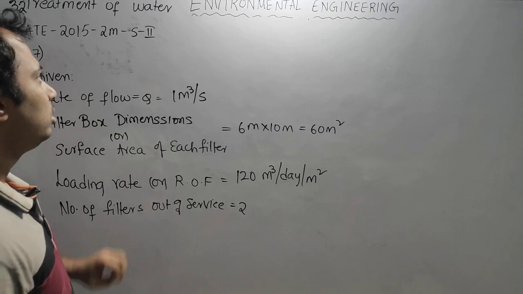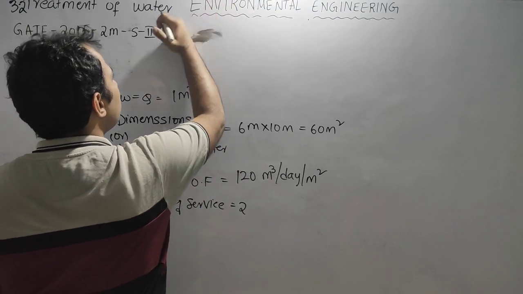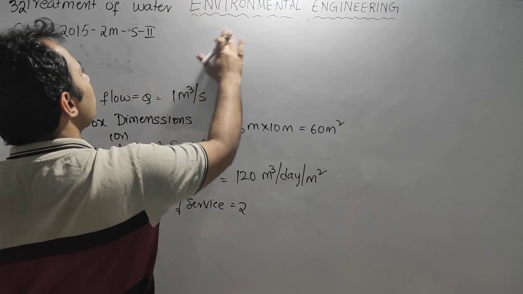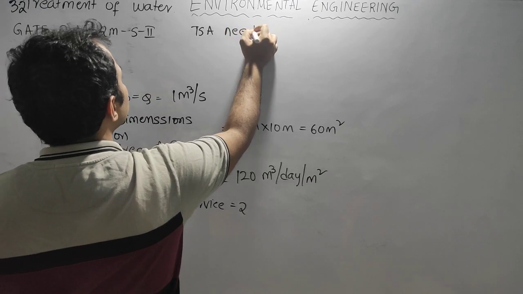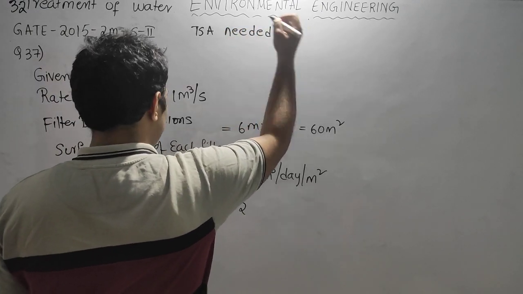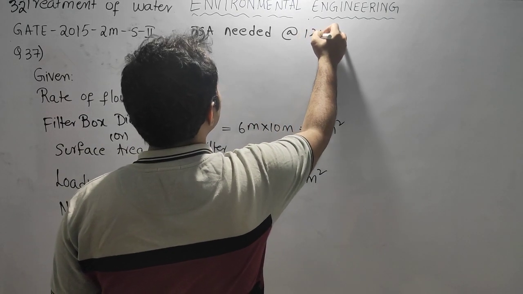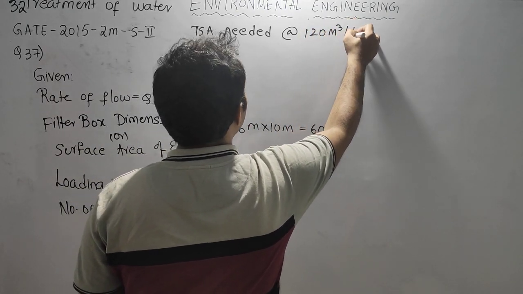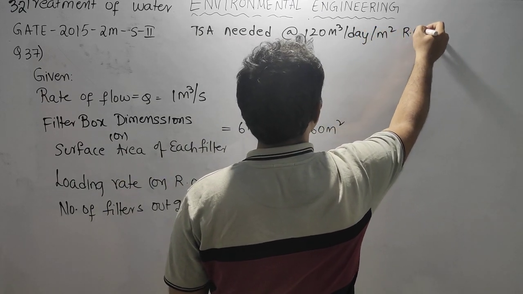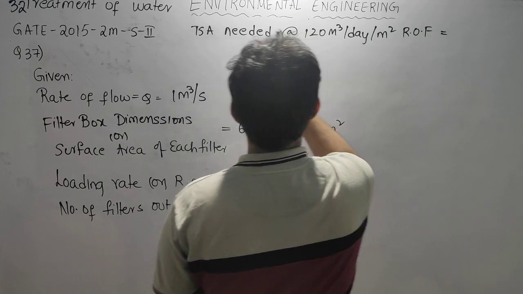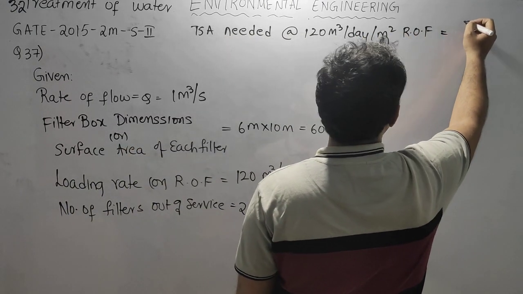First, number of filters required, total surface area. We have to find the total surface area needed at 120 meter cube per day per meter square rate of filtration. What is the total surface area needed at a rate of filtration of, say, RoF1?